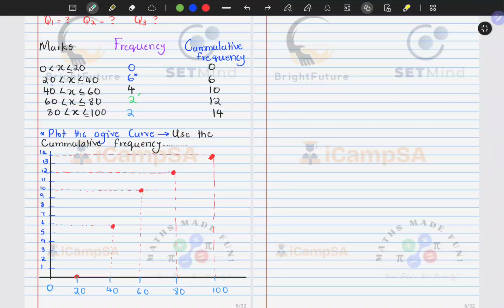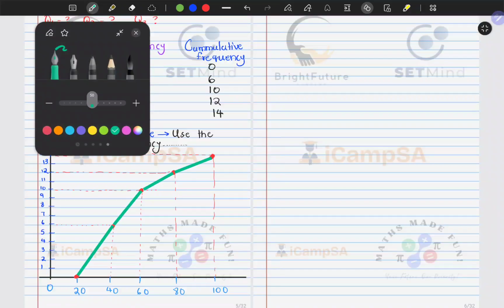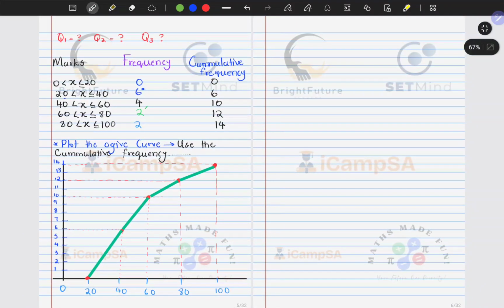We have a straight line from there to there, then another one from there to there, another one from here to here, and another one from there to there. So that is our Ogive curve, guys. And with this, we are ready to answer many questions, and you will realize how powerful this is.